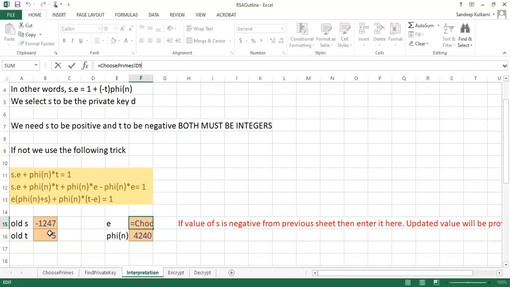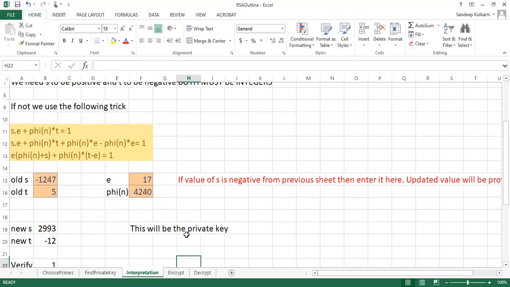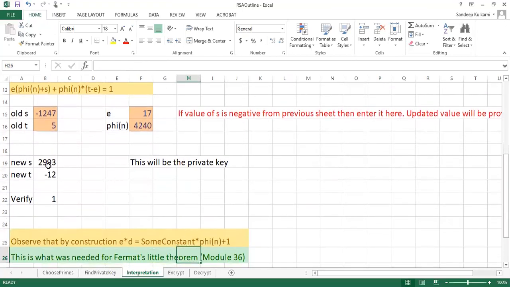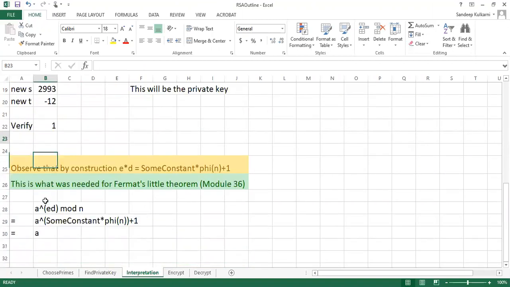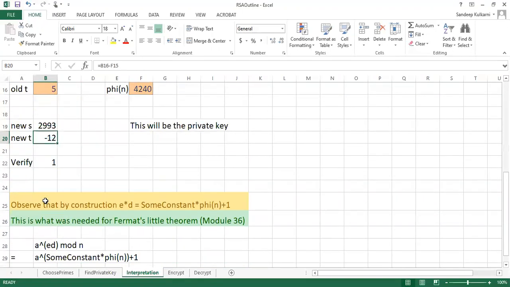You also have to write the value of old T manually, and phi n would be gotten automatically. We will compute S and T. So we can also have some check in the spreadsheet to make sure that these values are actually correct.